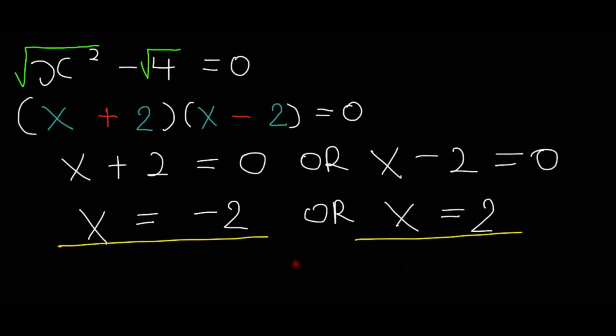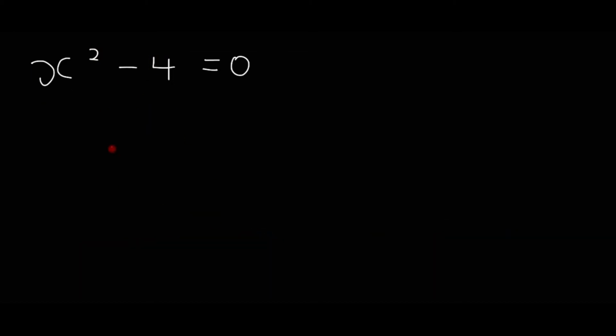But it turns out that this problem can be done in another way. We can do it in this way. We say x squared, and then we take this negative 4 to the other side, and it becomes positive. And for the fact that this is squared, we can cancel this square by inserting the square root.